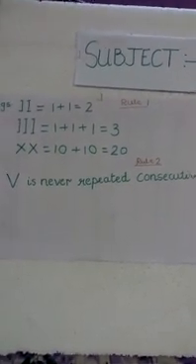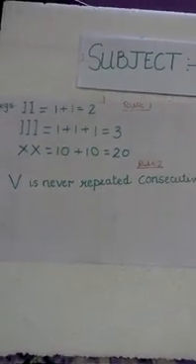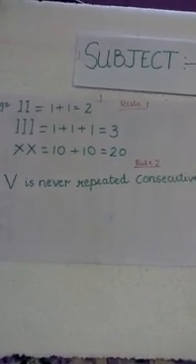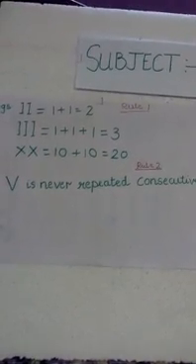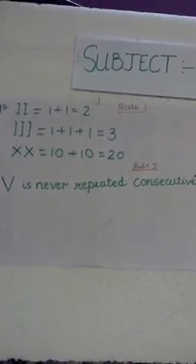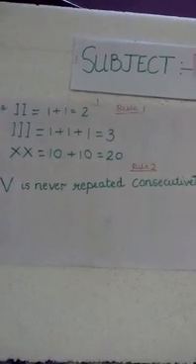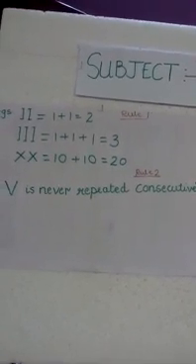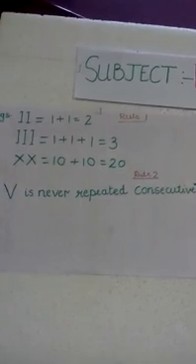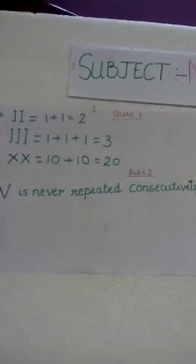So in rule number 1, we can see the second one, I is thrice. So we can repeat I or X maximum up to 3 times, not more than that. And also V, the symbol, is never repeated consecutively.